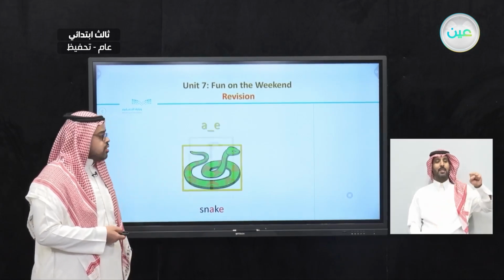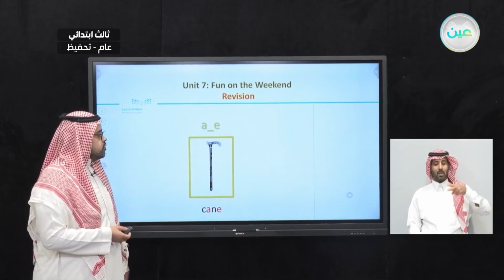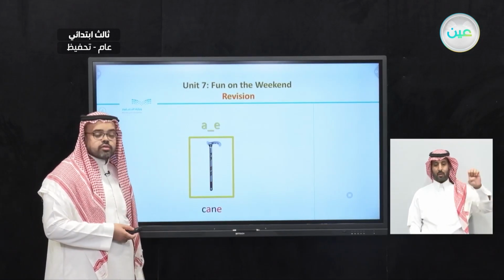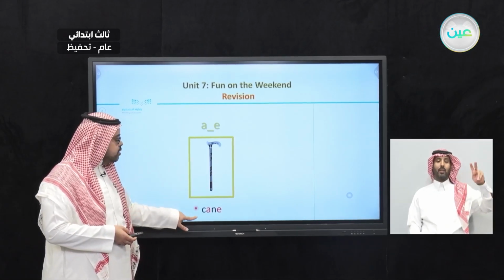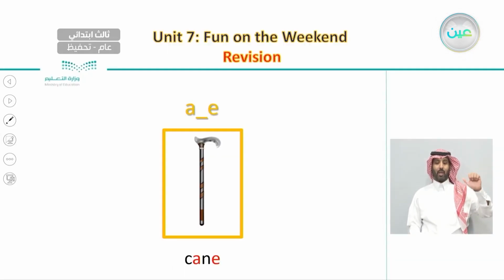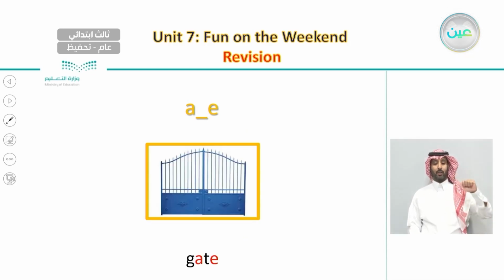Snake. Also, the third word from the AE group is the word cane. Cane. Cane is what people use when they are walking. And also, the other word from the AE group is gate. Gate.